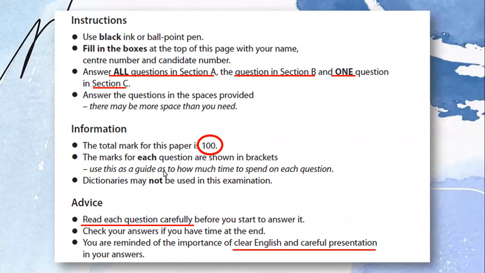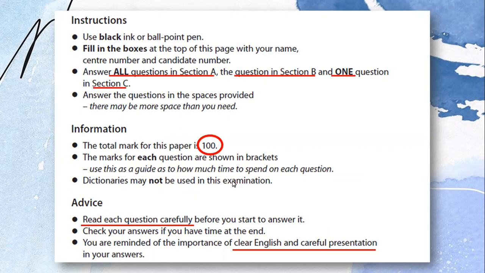Use this as a guide as to how much time to spend on each question. That's very important. If you look at the number of marks given for each question, you can come to some understanding of what kind of an answer is expected from you. Probably it will guide you as to how much time you need to spend on the question.